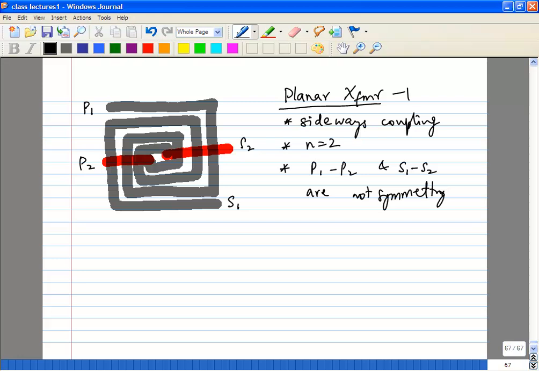Okay? So now the other kind of transformer we'll look at is this. So let's consider a single turn transformer. So let me do a good job of drawing this.